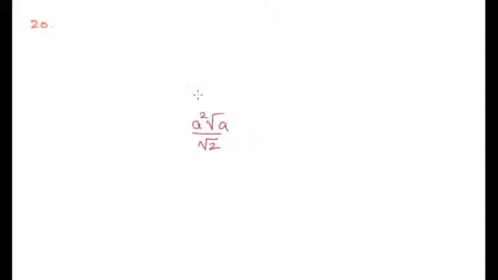It's just not clean. To make it clean, we need to rationalize the denominator, which is to say, multiply the denominator by itself, which means we're going to multiply the numerator by rad 2 and the denominator by rad 2.